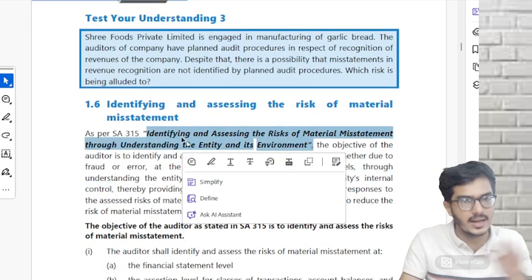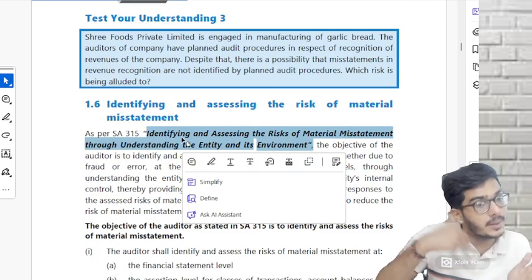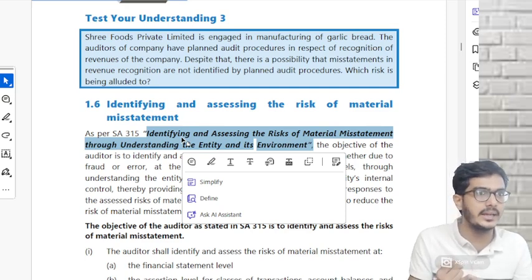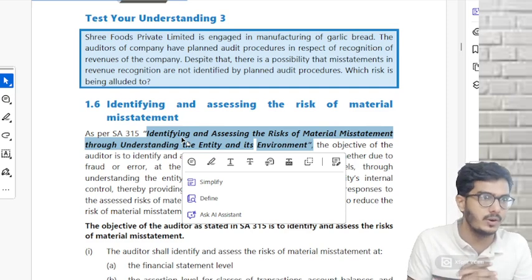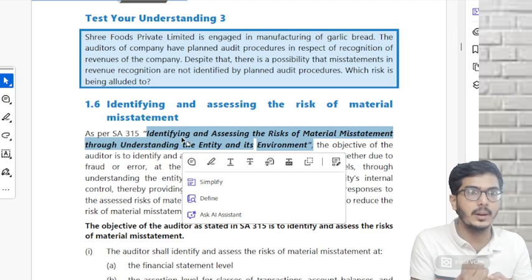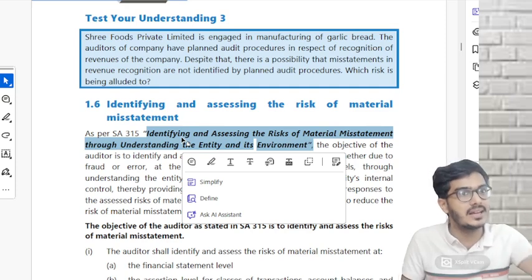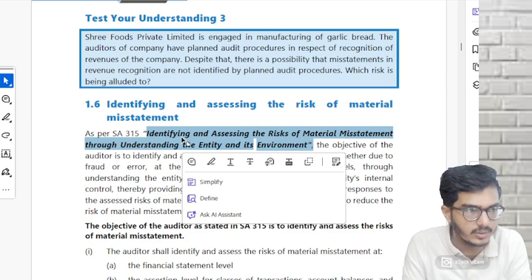SA 315 tells the auditor that before you even start performing audit procedures, please understand the entity, environment, and internal control. Whenever you go to do the audit as articles, on the first day they will give a briefing session. They'll tell you what the company is, what it is selling, how much the previous year's turnover was. They'll give you the previous year's audited FS and tell you to understand what the company is trying to do. Before you learn something, you're supposed to understand it.